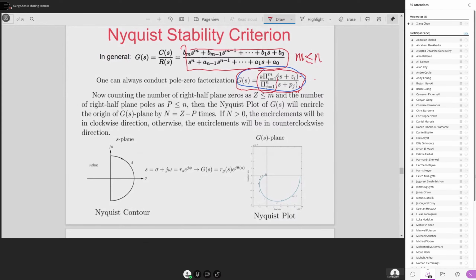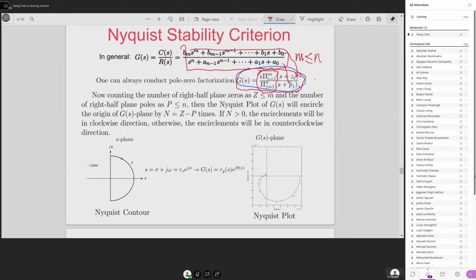The symbol capital pi indicates the multiplication, the product, right? So we factorize the numerator into the zeros product, and the denominator into the poles product.